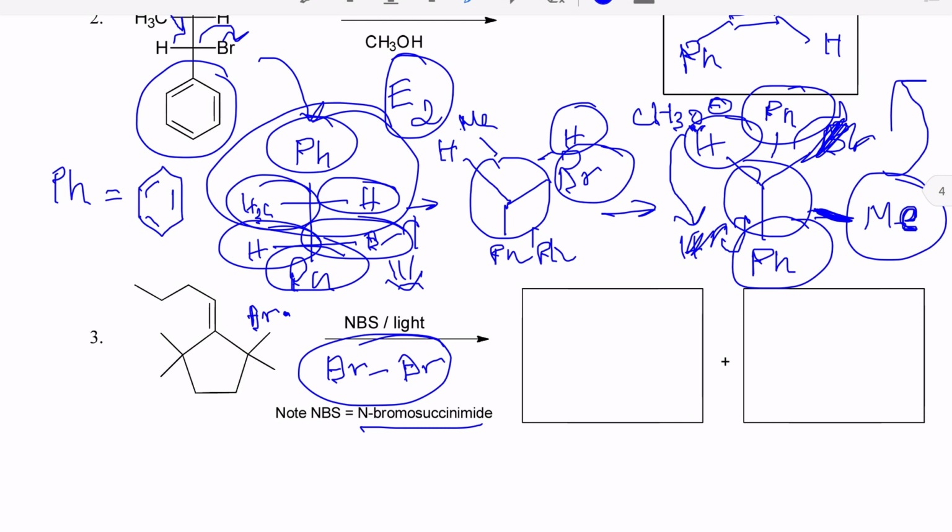Now we have to think, where could this bromine radical interact with the molecule? And the first thing that should come to mind is actually this position right here, for this carbon.